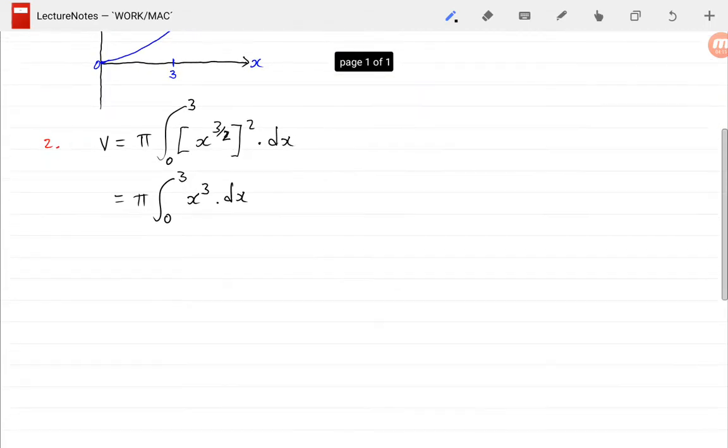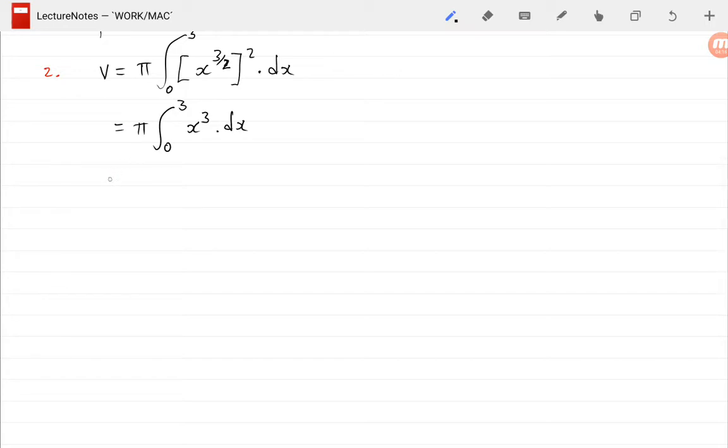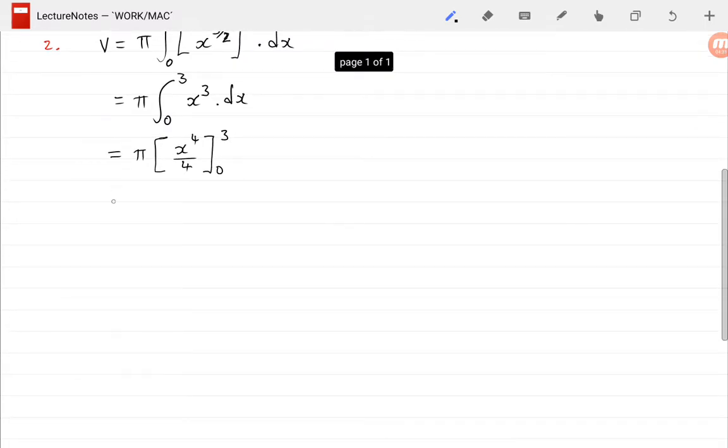This should be very simple if you've been doing a lot of calculus of late or have any experience with it. We're just going to keep that in brackets. The integral of x cubed should be x to the power of 4 all over 4, from 0 to 3. That should be fair enough to remember.